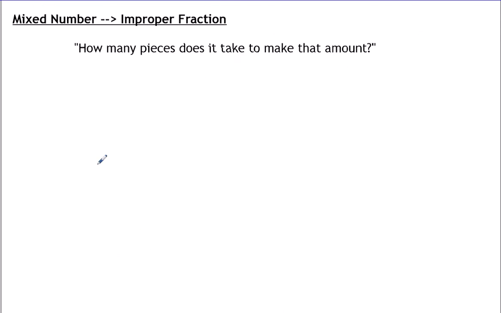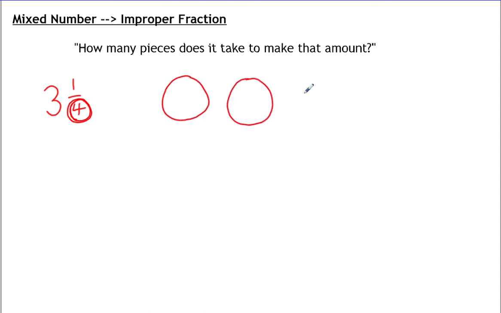Now then, if we want to swap the other way, so this is starting with a mixed number and going back to an improper fraction. Now the question is, how many pieces does it take to make that amount? So if I start with 3 1/4 this time, so this is my mixed number. Now this is important, we are working in quarters. So if I draw it, I've got 3 wholes, 1, 2, 3, and a spare quarter.